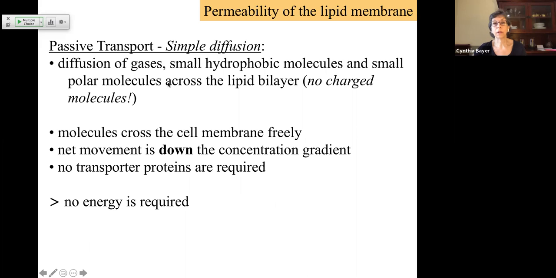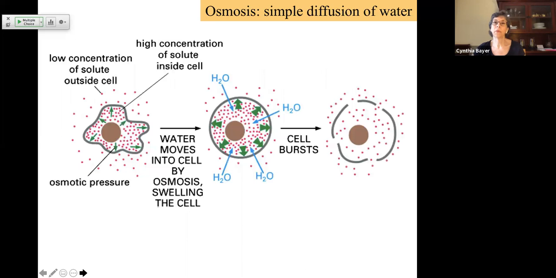An example of simple diffusion, and this is a passive type of transport as opposed to active, passive because it's spontaneous and no energy is required, would be osmosis. Osmosis is the diffusion of water molecules specifically.